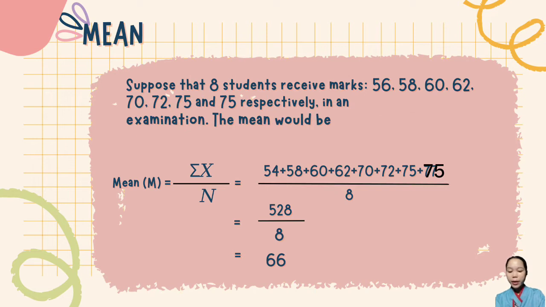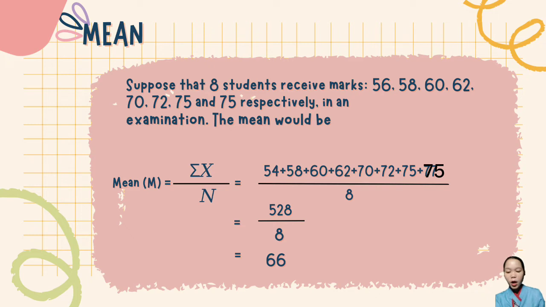So I have here an example of how to get the mean. Suppose that 8 students receive marks of 56, 58, 60, 62, 70, 72, 75, and 75 respectively in an examination. So we have here mean is equal to the summation of x over n.